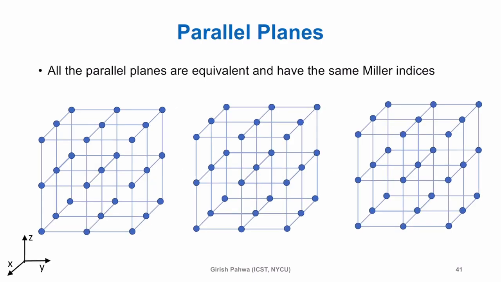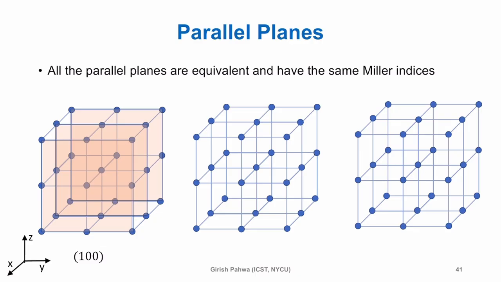Let's now again talk about the parallel planes, right? So this family of parallel planes, they all have one set of Miller indices. All of these planes will have one Miller indices. Okay. So that is 1, 0, 0 here. All of them will have 1, 0, 0.